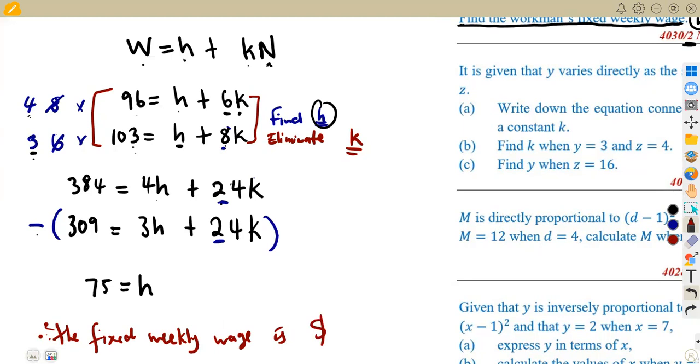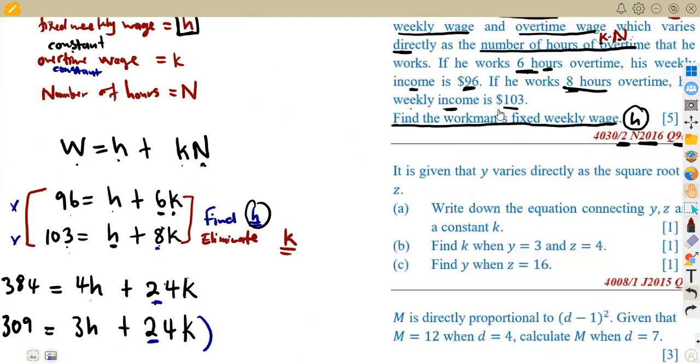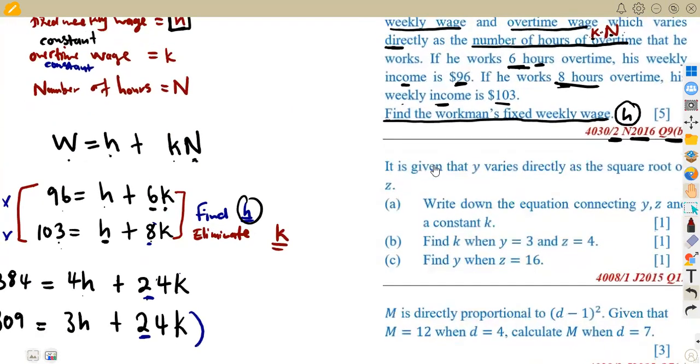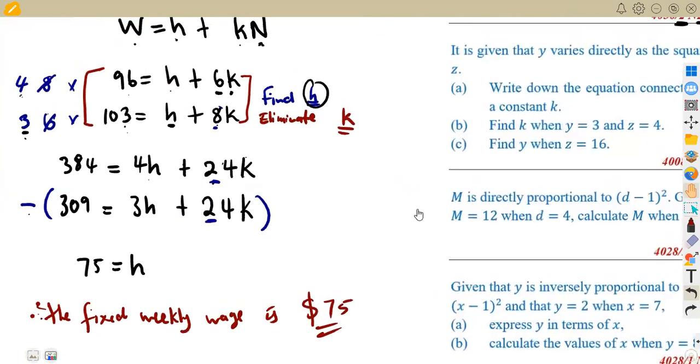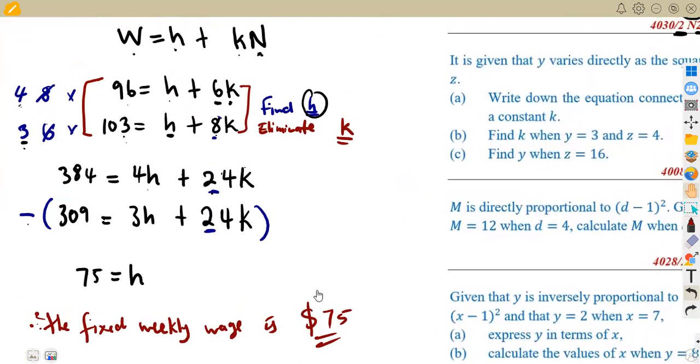Remember, this is the amount in dollars. You can write even 75.00 if you want to write it in terms of the amount, but it's still fine because these values were given as whole numbers. So you can just maintain your answer as a whole number, which is fine. So that is how they might play around here.